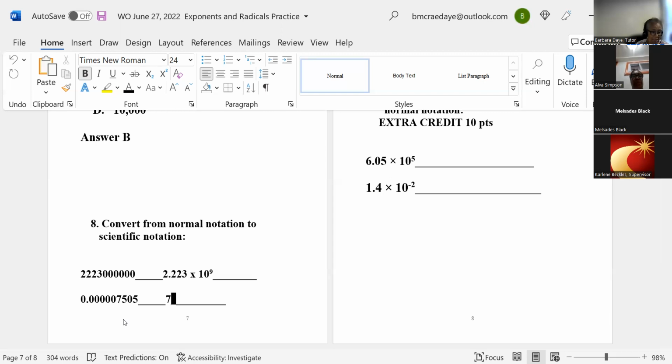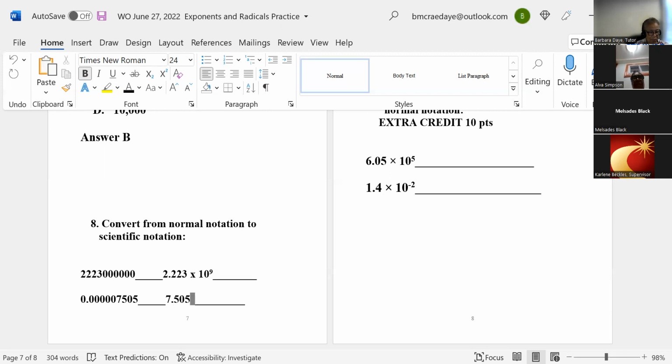To be less than 10, it has to be 7.505. That's a number less than 10, because if you moved it someplace else, your number is going to be greater than 10.